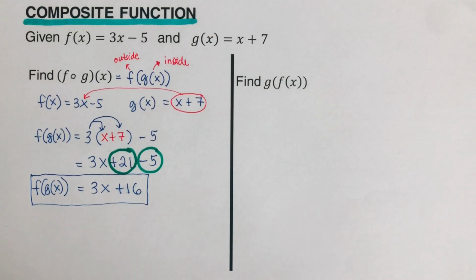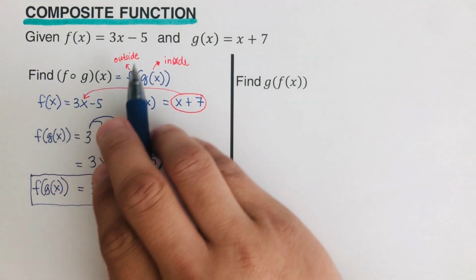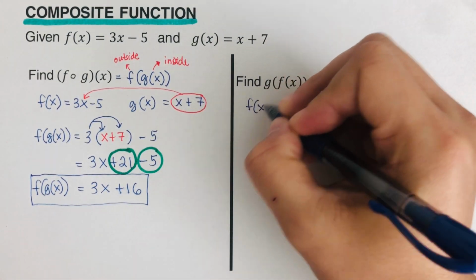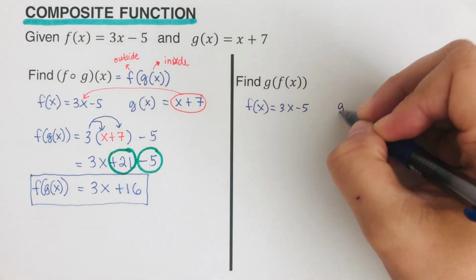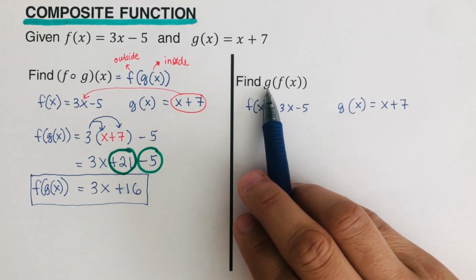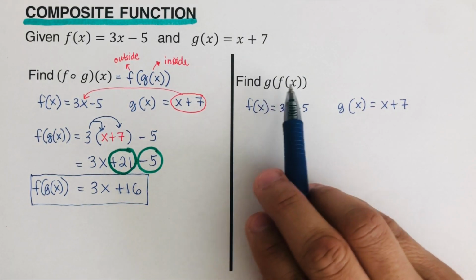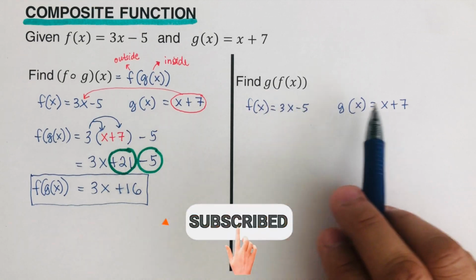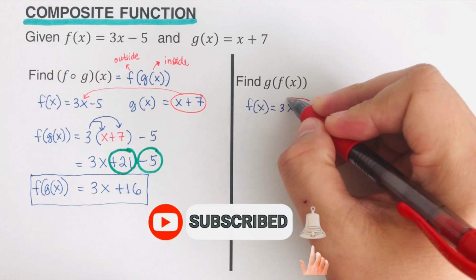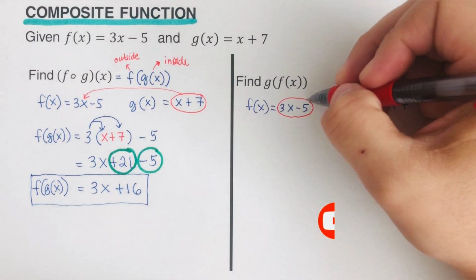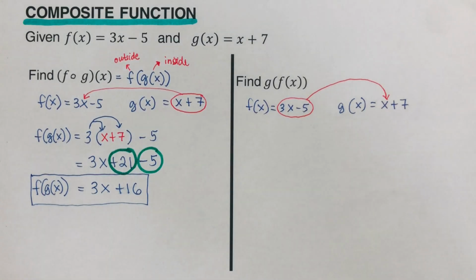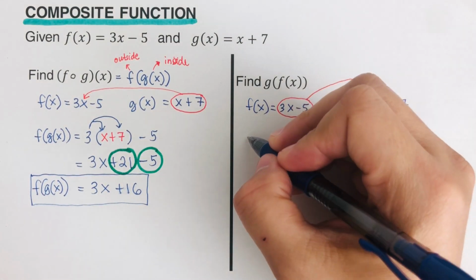Okay, so we go over the problem here. I'm going to rewrite these two functions so we know which one goes to which. Since we have the g of x on the outside, that means this f of x will be placed inside the g of x. So this 3x minus 5 will be placed into the x of the g of x.